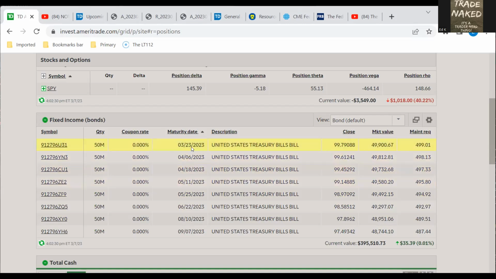You can see, they mature every couple of weeks, and then they start maturing about once a month, and then 2 months and a month after that. I'll go back in and fill in this gap where I have nothing in July. When this one matures here on March 23rd, I will very likely go in and fill something into that space just to get one maturing in. So I kind of like mine laddered out.